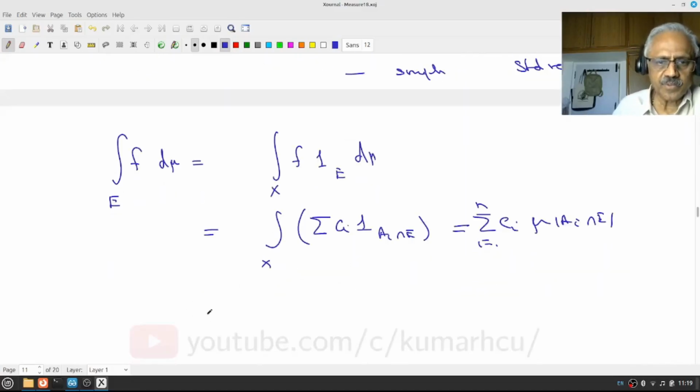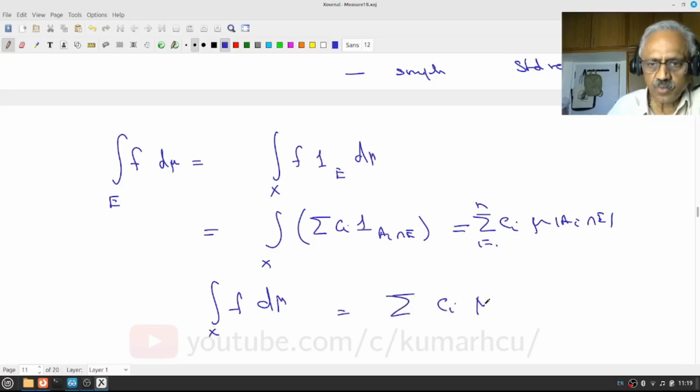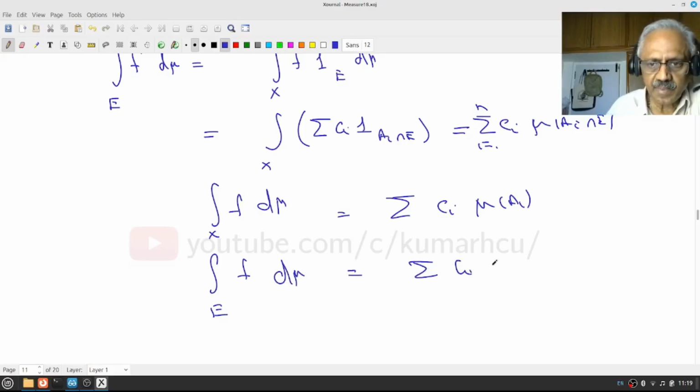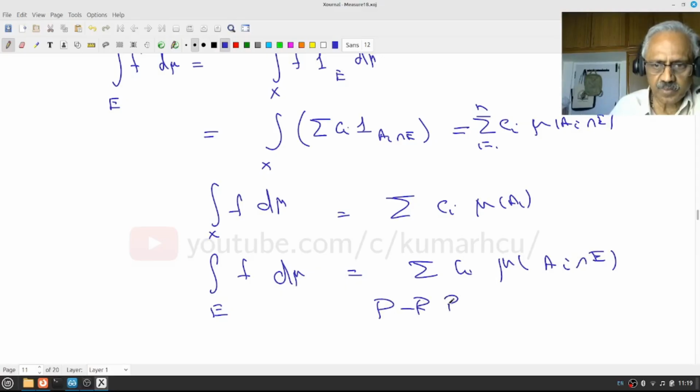Therefore, we have found the formula: the integral of f dμ over X is the sum of c_i μ(A_i), but the integral of f over E with respect to μ is the sum of c_i μ(A_i intersection E). Okay, pause, review, proceed.